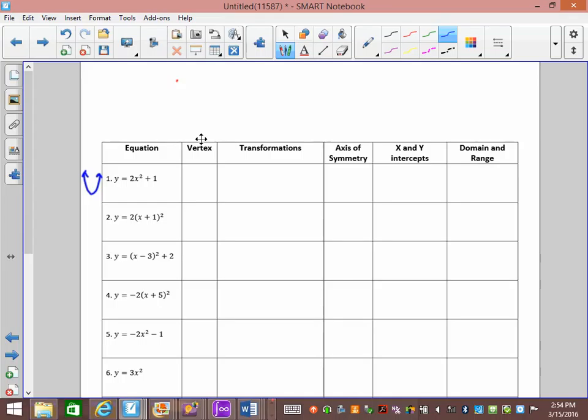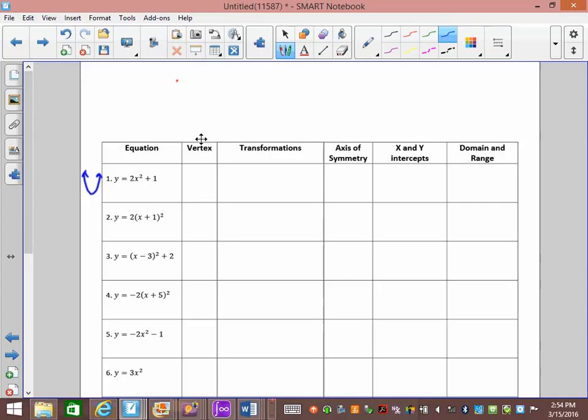You can just put it into your Y1 now. So the vertex of this equation, y equals 2x squared plus 1, is the p and the q.